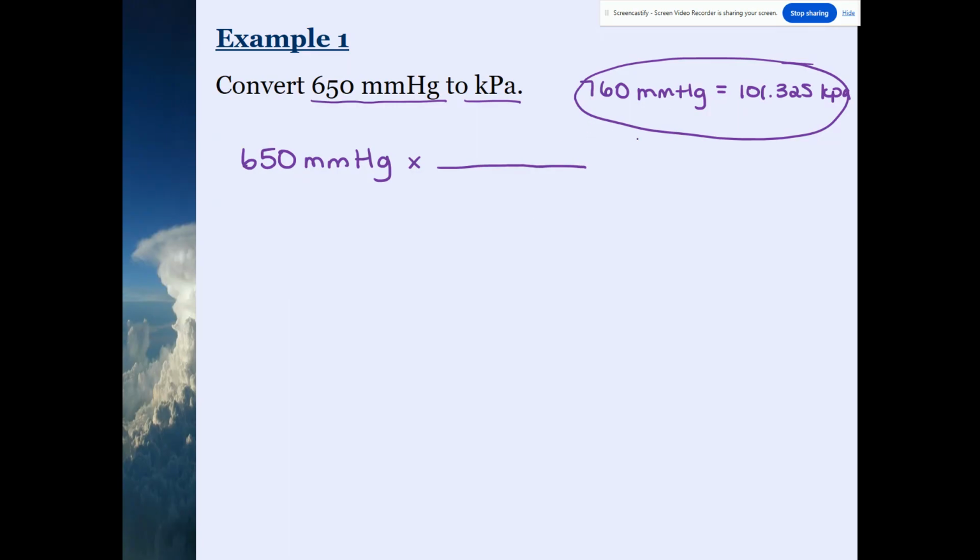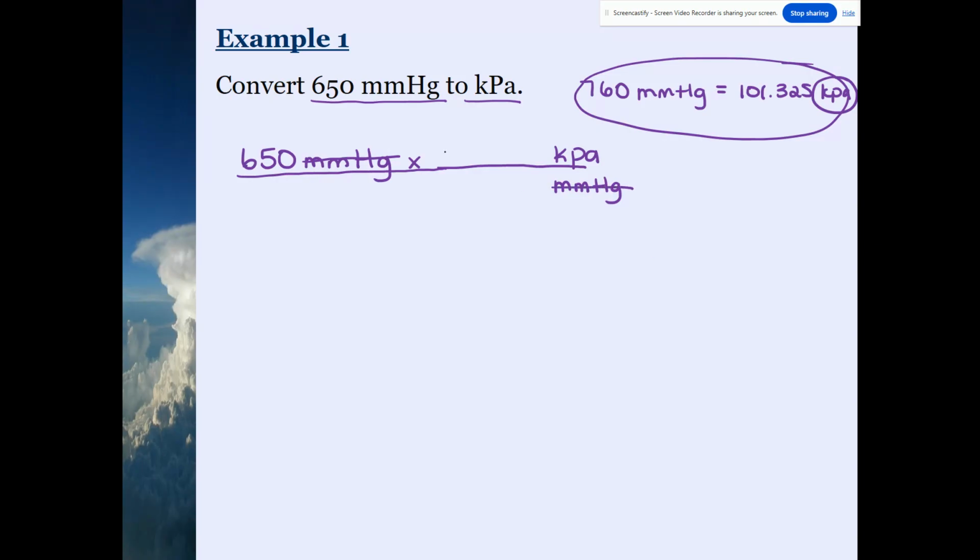I'm going to put one on top and one on the bottom. Which one goes on top and which one goes on the bottom depends on the units that you're trying to convert to. I'm trying to convert to kilopascals. So I want my kilopascals to be on the top. My millimeters of mercury therefore have to be on the bottom, and this is where I say this is like a unit analysis type of question, because if we have millimeters of mercury on the top here and millimeters of mercury on the bottom, they're going to cancel.